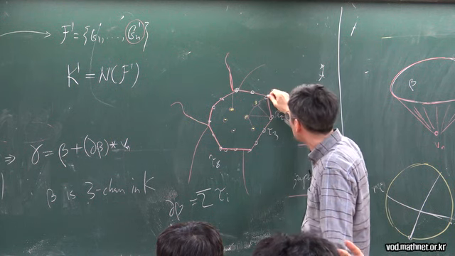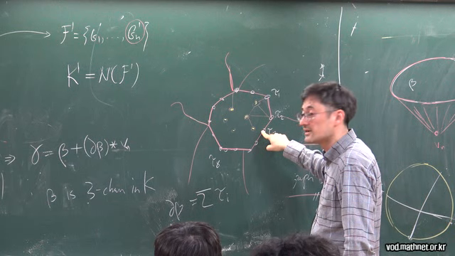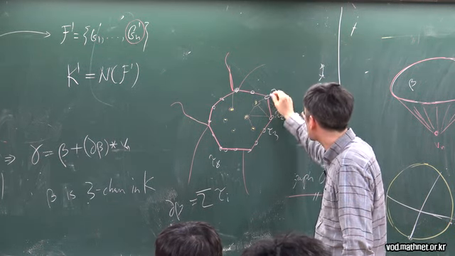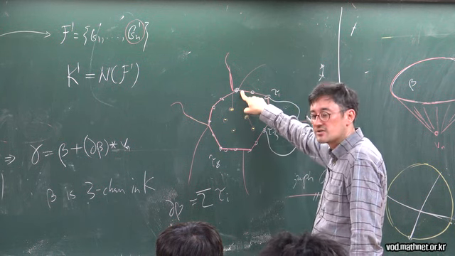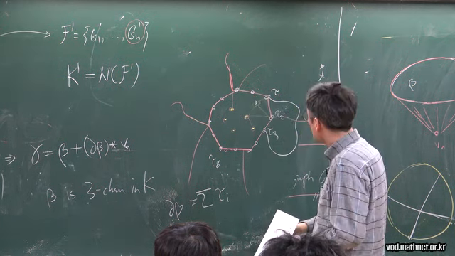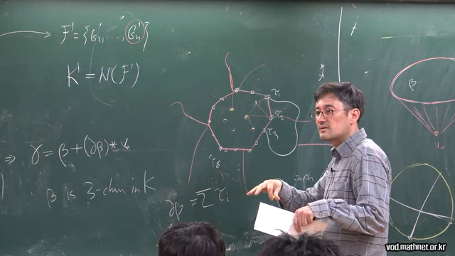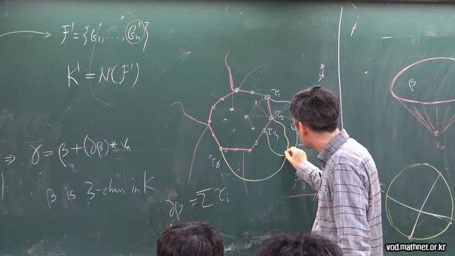But this is a connected family. So that pair intersects Vn here and intersects Vn here. And since it's a connected family, there must be a path that connects them. So it connects like this within the graph Vn or Gn. And tau 2 and tau 8, they have a different pair in common, right? They intersect, and they must go from here to here, and they must cross.